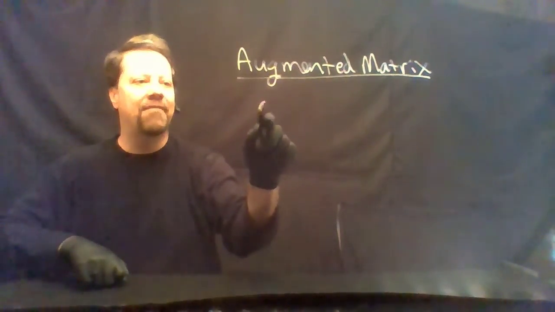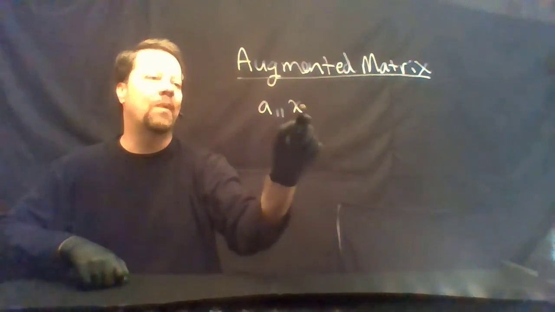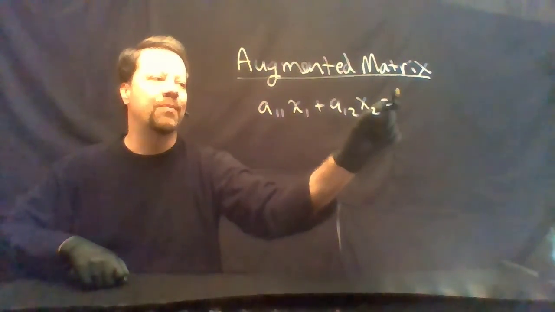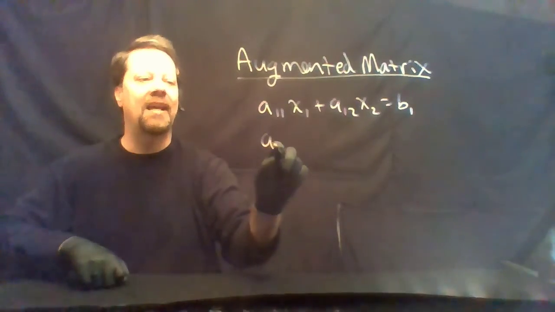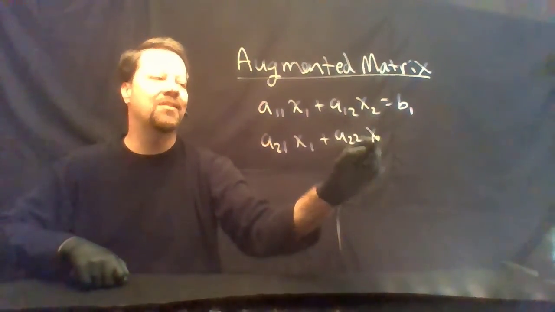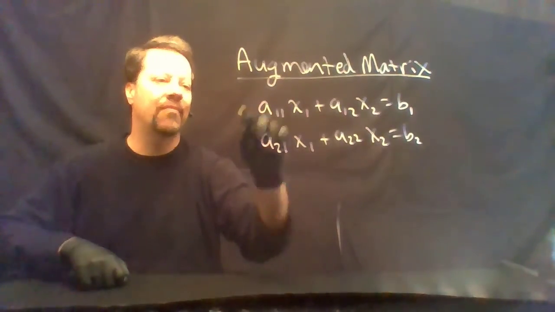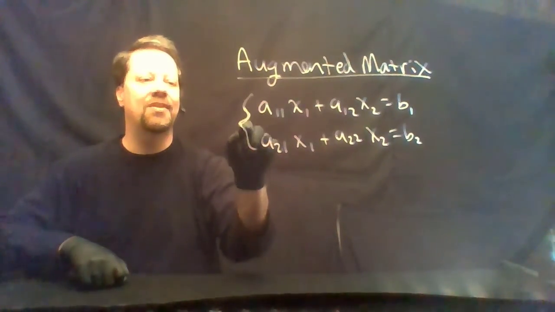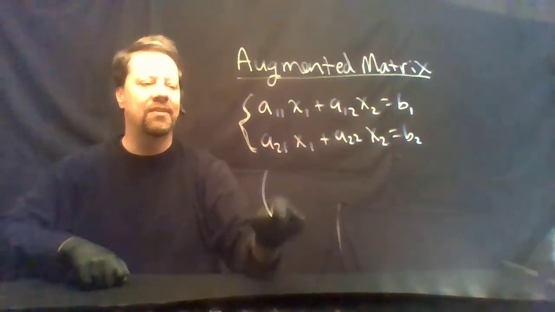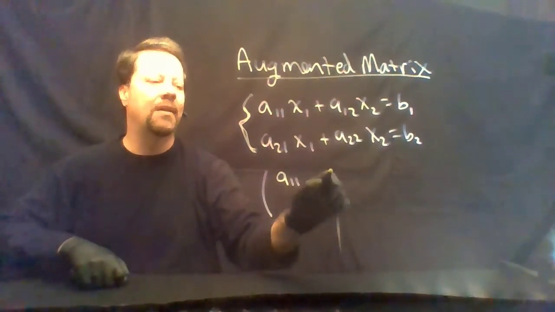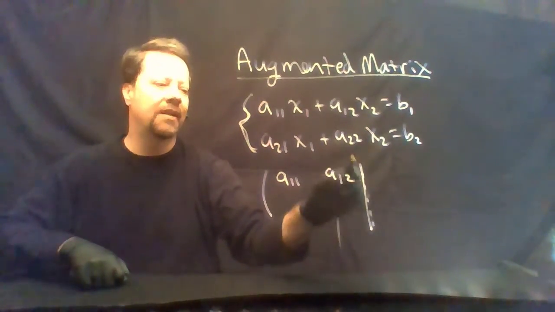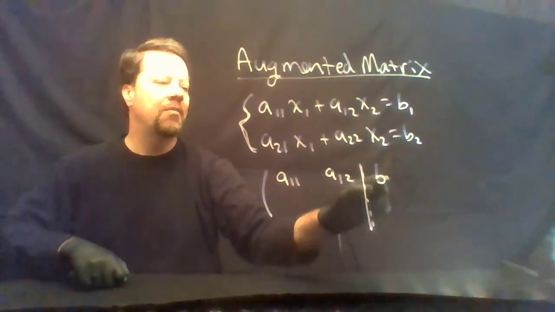So if I have, for instance, A11x1 plus A12x2 equals B1, and A21x1 plus A22x2 equals B2, as a linear system of equations, the associated augmented matrix will be A11, A12, we'll put a vertical bar or a dotted slash, B1.